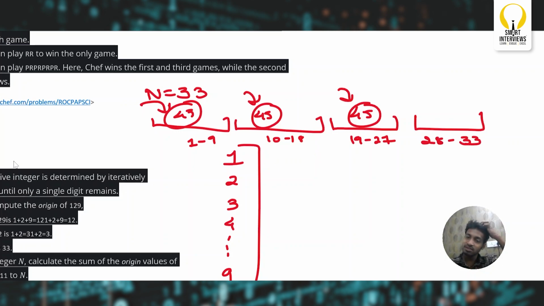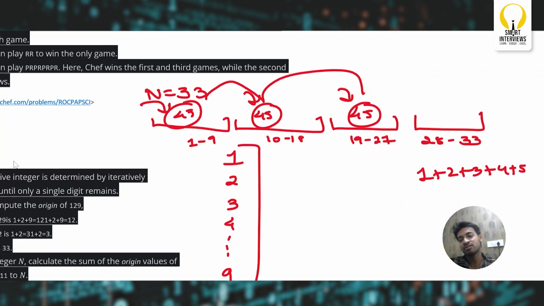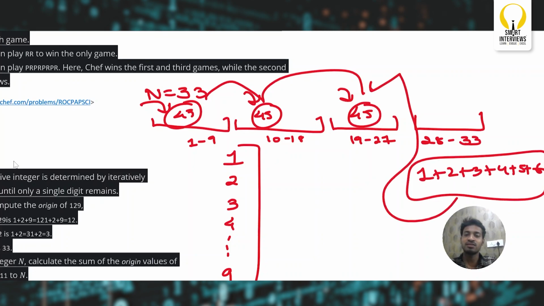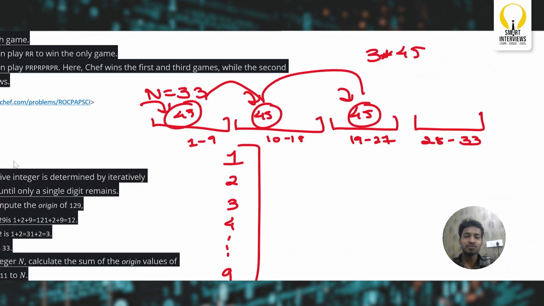In this case, after 45 plus 45 plus 45, you should add 1 plus 2 plus 3 plus 4 plus 5 plus 6. So this is 3 into 45 plus the sum of the first 6 natural numbers. First you need to find how many chunks you are getting.